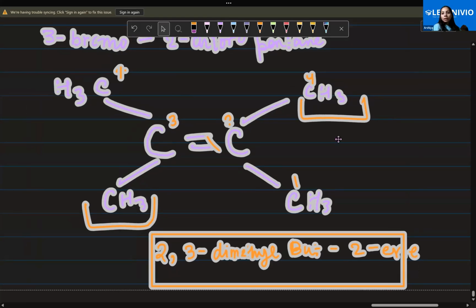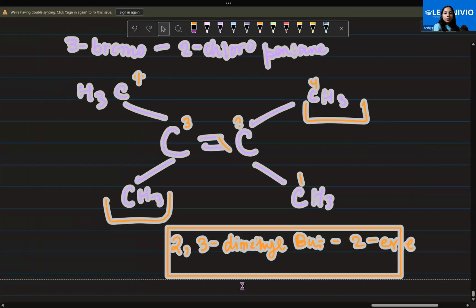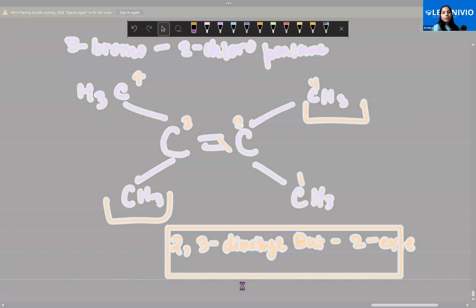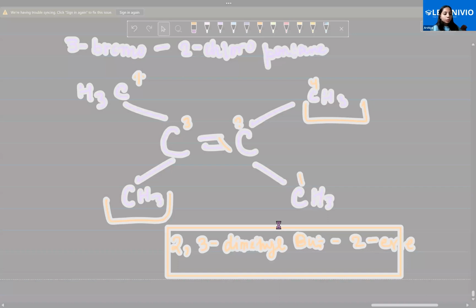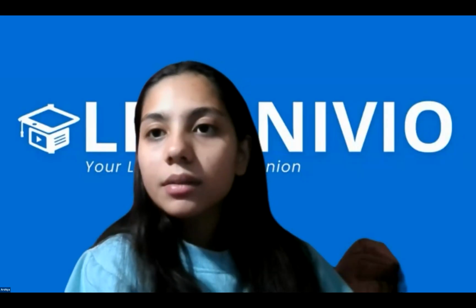Okay. What is wrong with my screen? Just give me 1 second. There's something. Oh, My OneNote is not responding, so I'll have to sharing and do it again. Just give me 1 second.